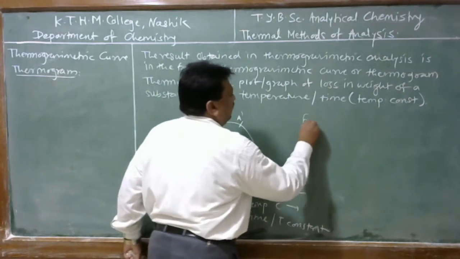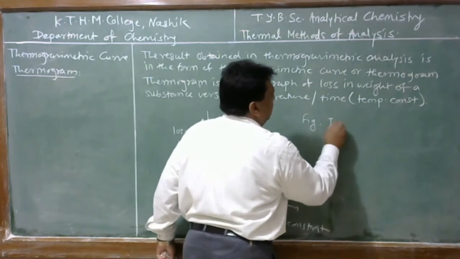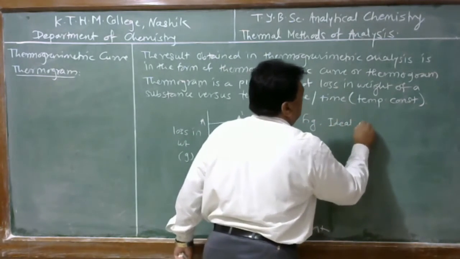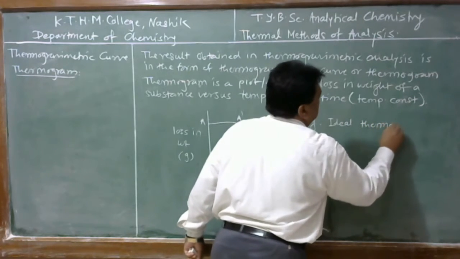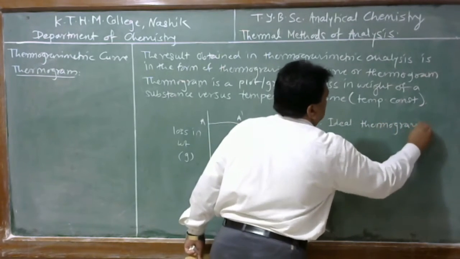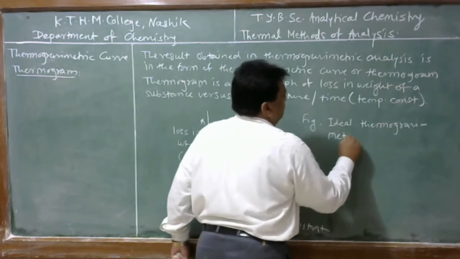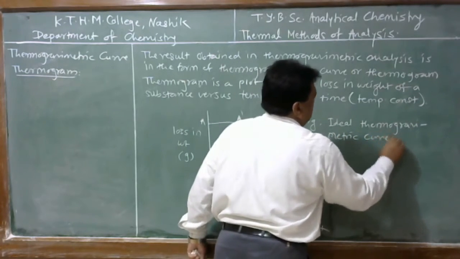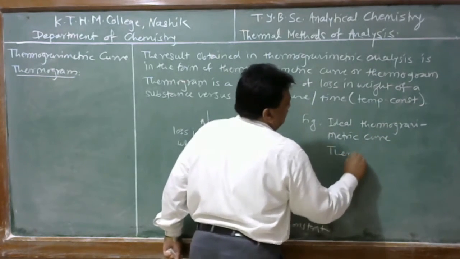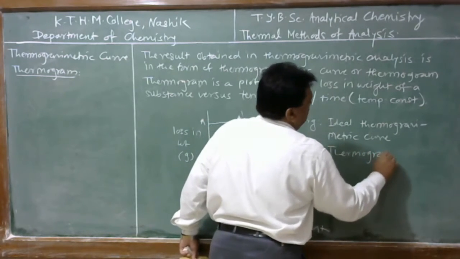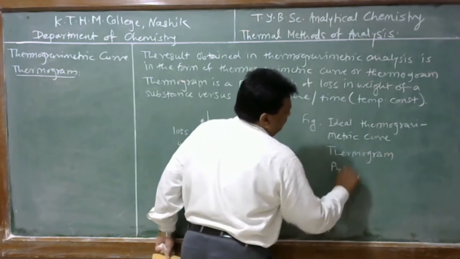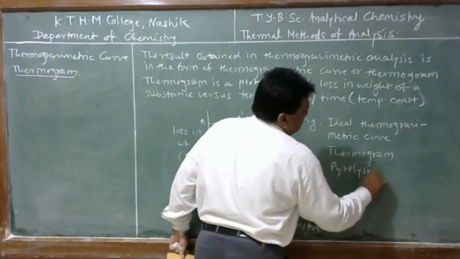This figure is an ideal thermogravimetric curve or thermogram, also called a pyrolysis curve.